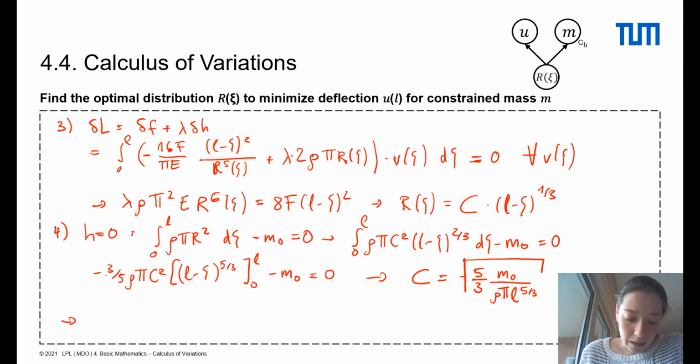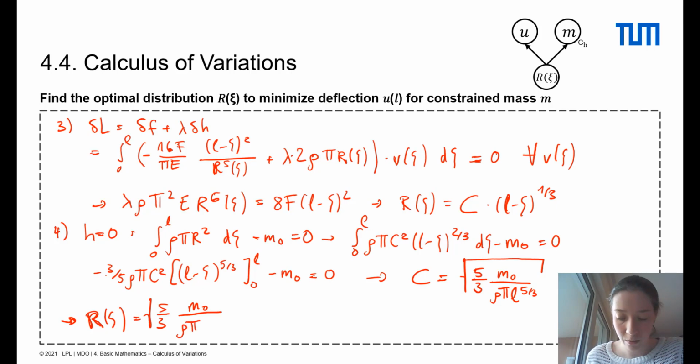And finally we get our R of Xi, which is C times this. So let's write it down. 5/3 times M0 over rho P L times L minus Xi to the power of 1/3.